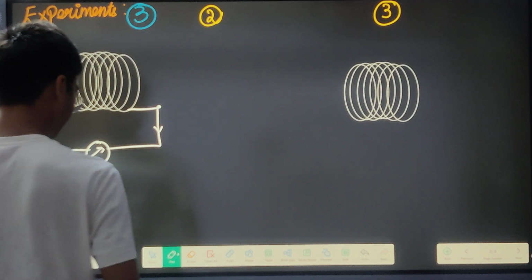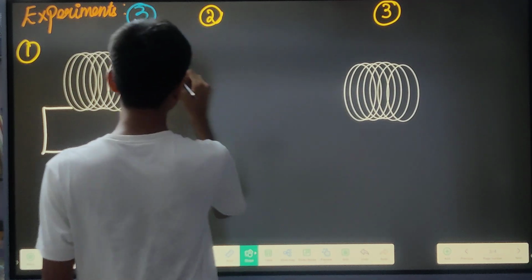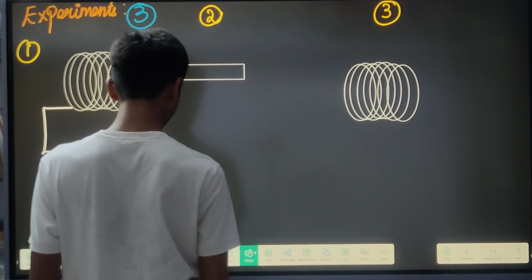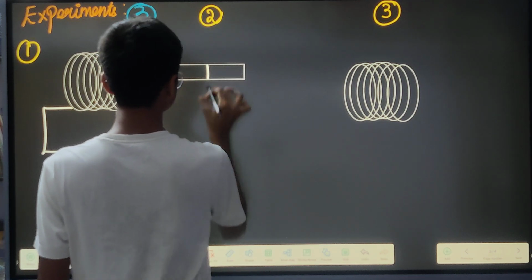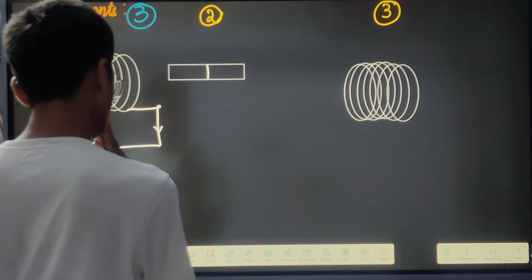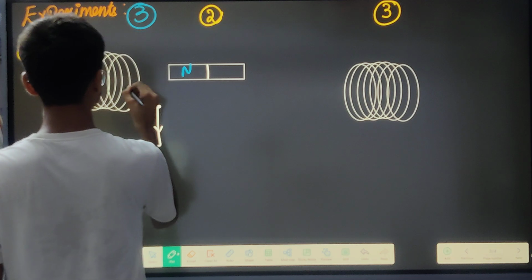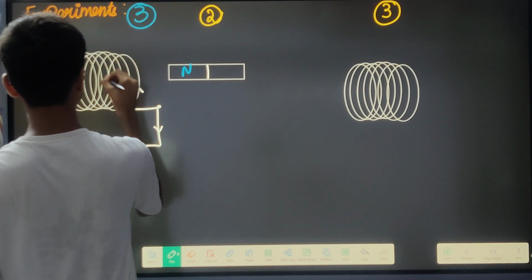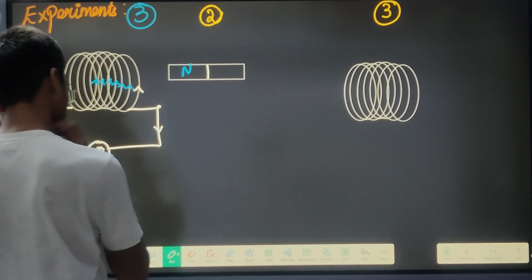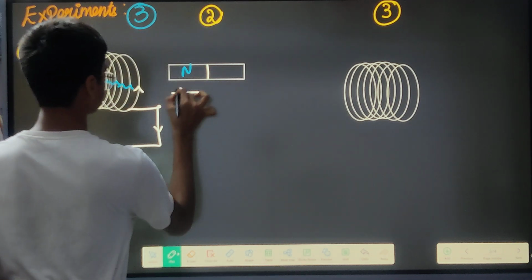Now what I have is a magnet. So the current direction is all dependent on this direction.